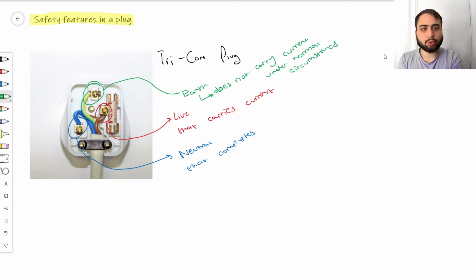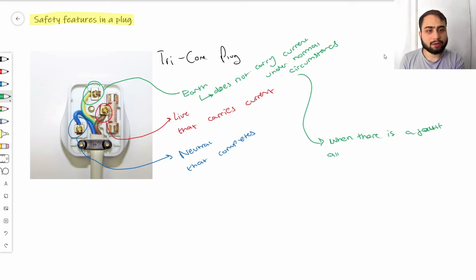But when there is a fault, say this live wire came loose and started touching the case of the appliance itself, the fault allows for current to flow out through the earth.